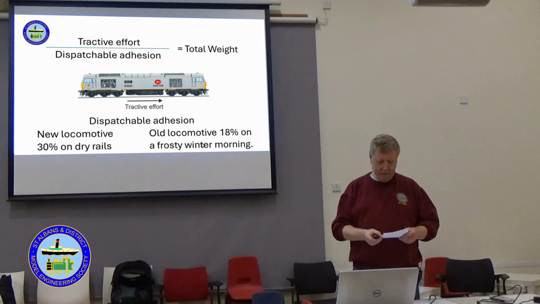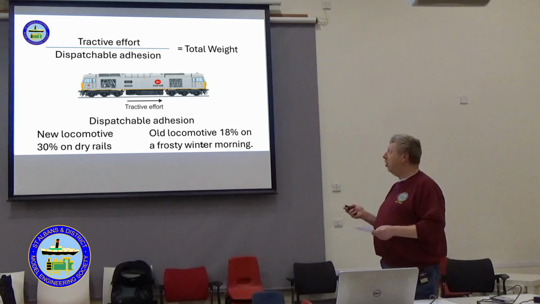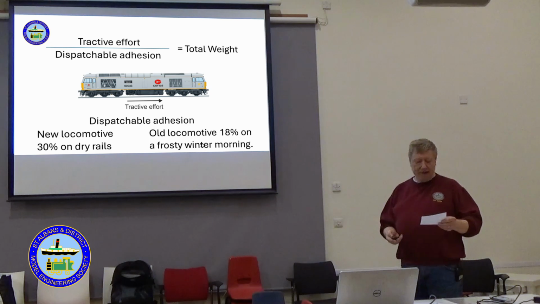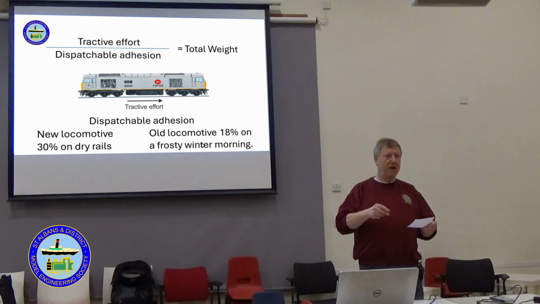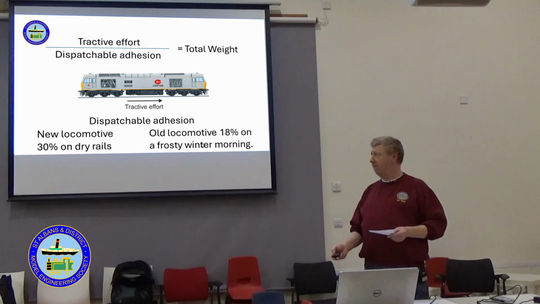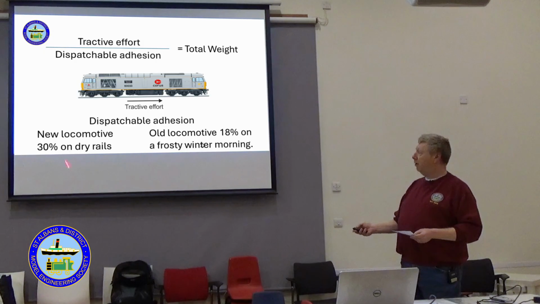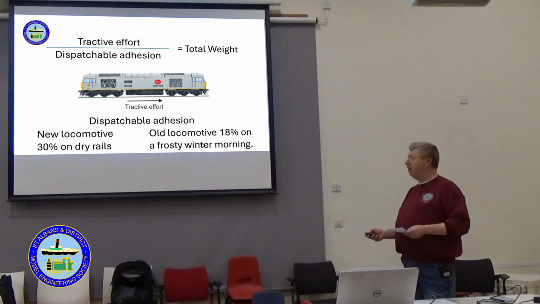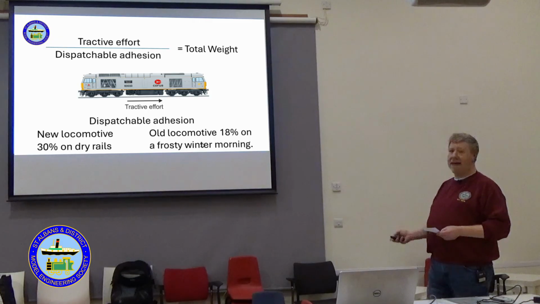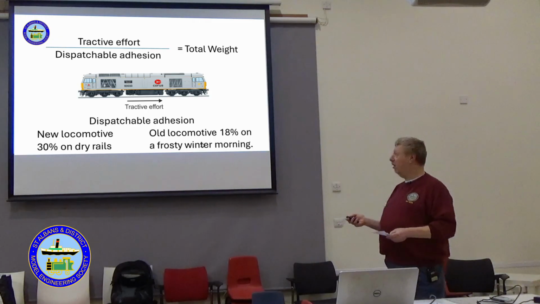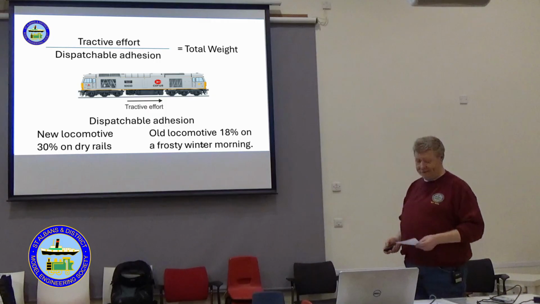Dispatchable adhesion is a very complicated term, but it basically just means the friction coefficient for a specific locomotive under a specific condition. For example, a new locomotive on dry rails might be 30%, and an old locomotive on a frosty winter morning is 18%. You obviously can't get the same out of that as you can out of that.